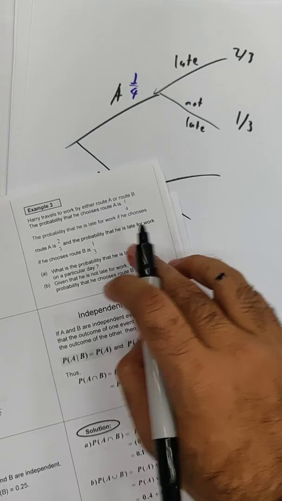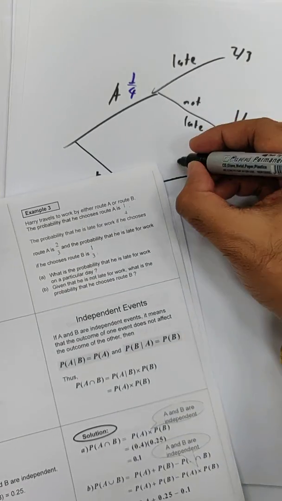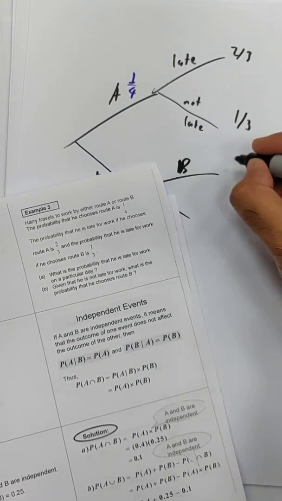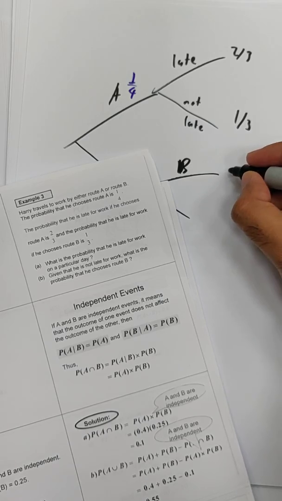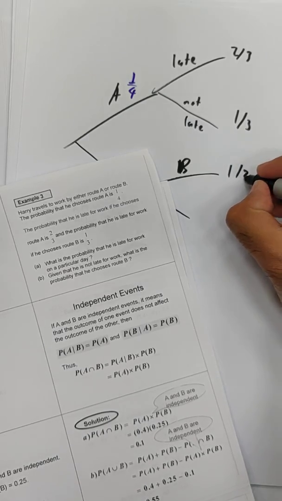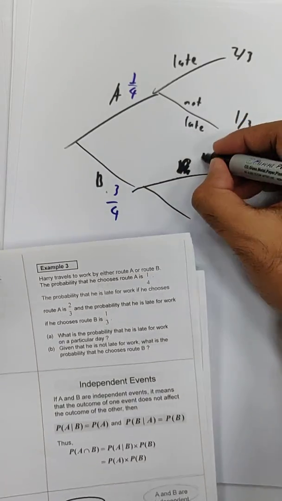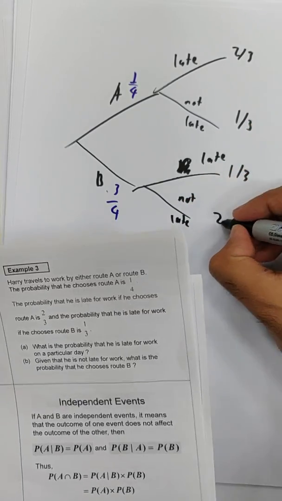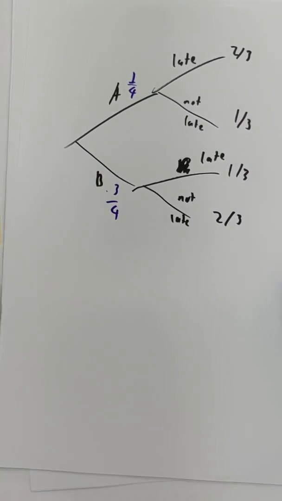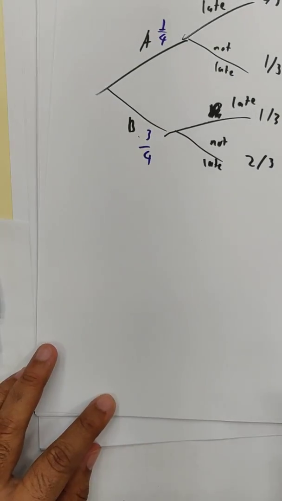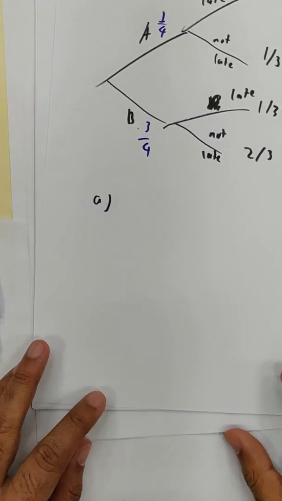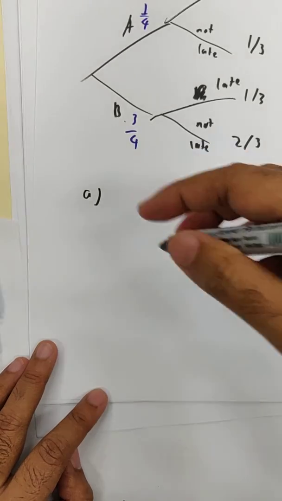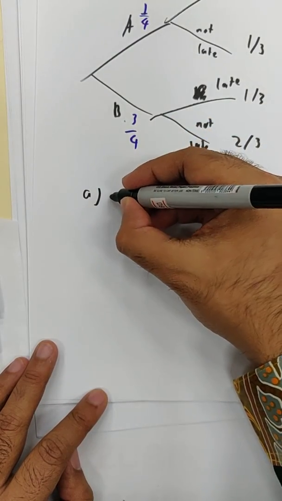Now if he chooses route B and he's late for work, B late is 1/3. And the not late is 2/3. And then the question can ask you something like this. A, find the probability that he's late for work.